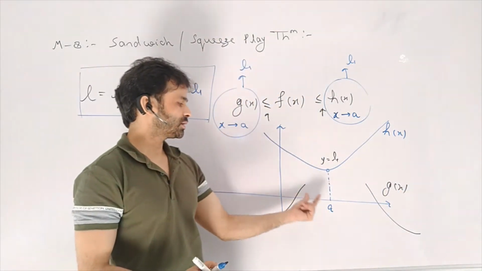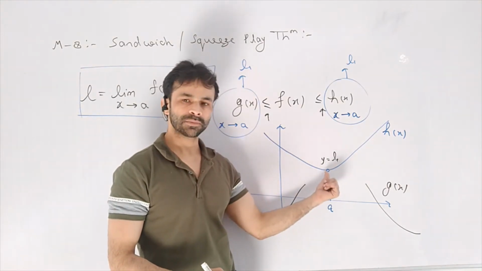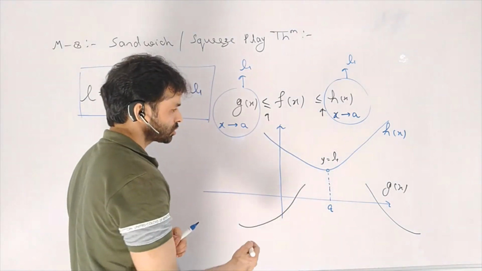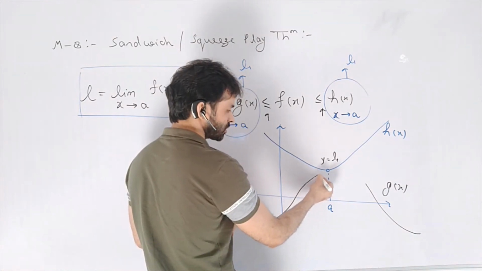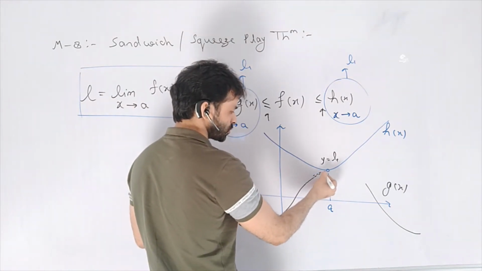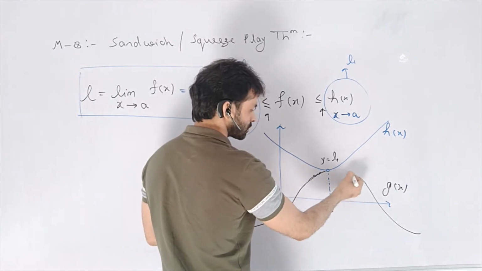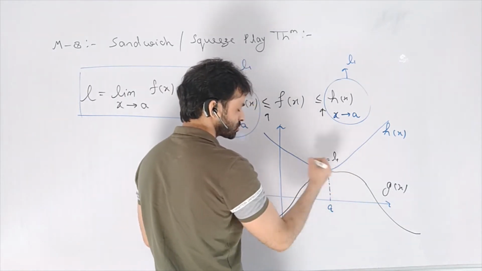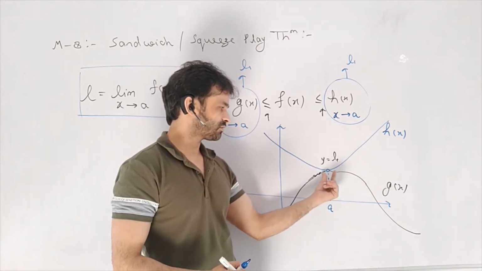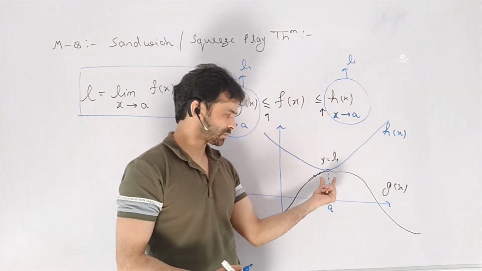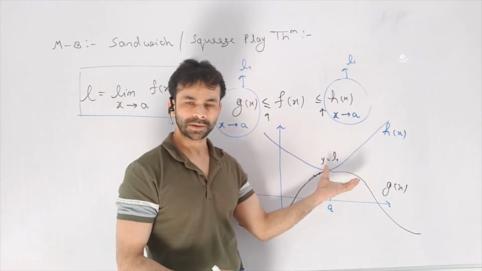But at this point the limit is again the same, L1. So we come close to this point. On the right hand limit and left hand limit, the value will be L1, because the limit is L1, which means the limit exists.